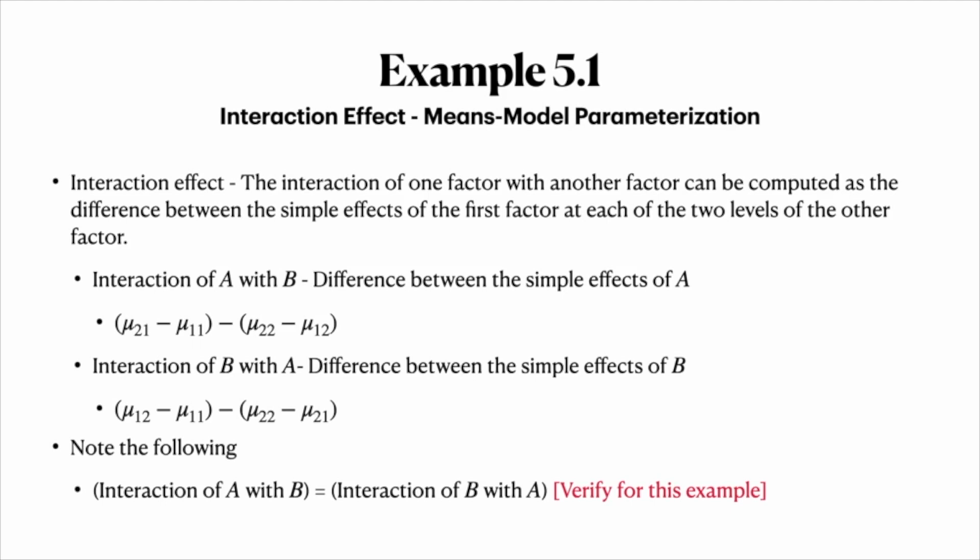But we can also think of an interaction of B with A, and that would be defined as the difference between the simple effects of B. The simple effects of B were mu12 minus mu11 and mu22 minus mu21. If we take the difference, we get what would be called the interaction of B with A. But now note the following.